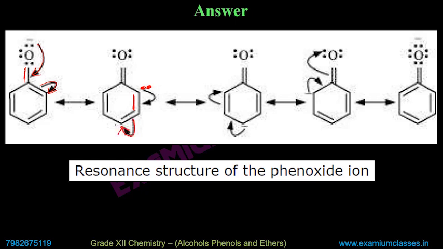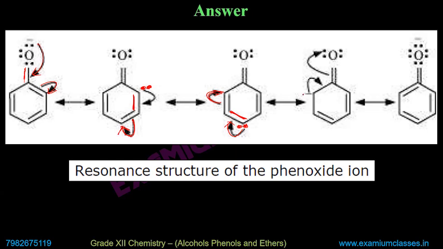When this bond breaks, we have both the electrons here. These electrons move to the next bond to form a double bond. Now this carbon has five bonds. It means this double bond breaks.